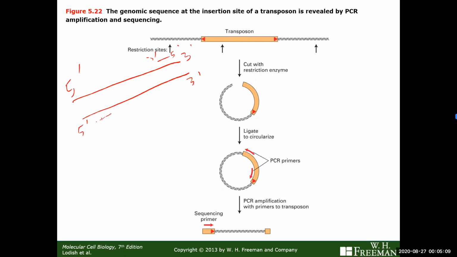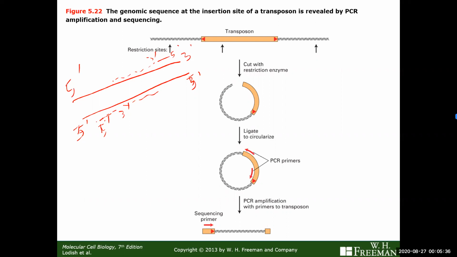Okay. See, I made a mistake here. Okay, so that's what 5 prime to 3 prime, and then the primers are facing towards each other, so the elongation will be happening towards each other.